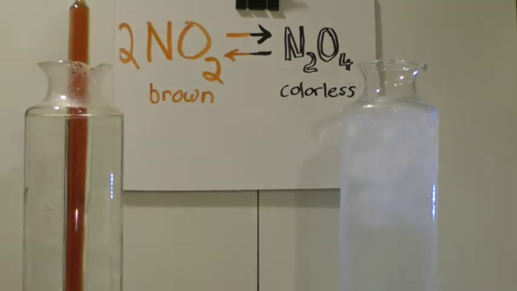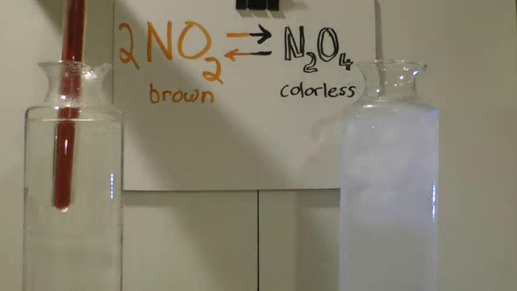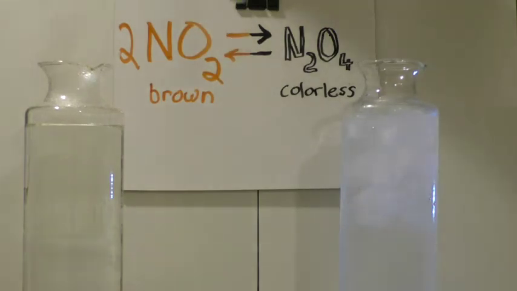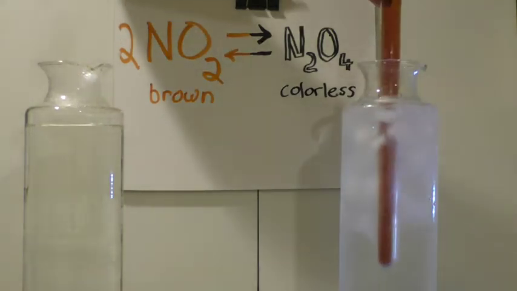First of all, as we sit here at this high temperature, I notice that the color is not changing if I just sit here for a while. And that tells me that apparently it doesn't look like any of the reactants are converting into products. If they were, it would be getting lighter. But I can make it look like that reaction is going to occur if I put it into cold water.